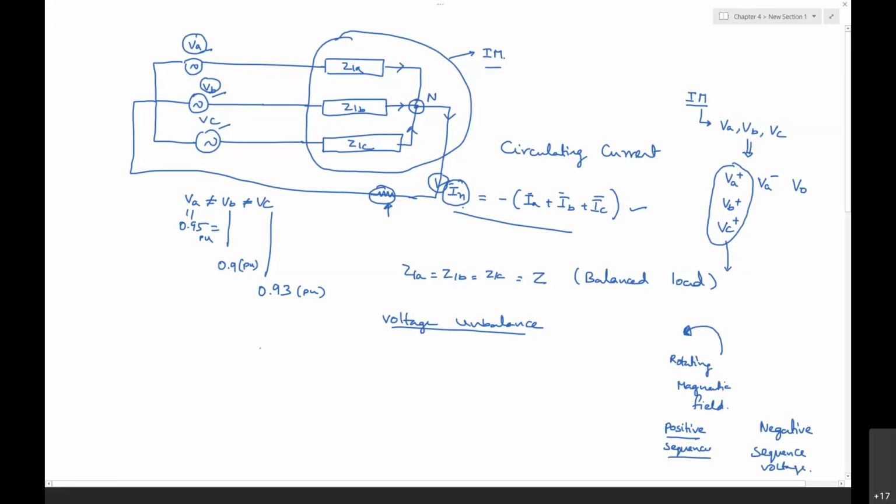How do VA, VB and VC look? The positive sequence is VA positive, VB positive and VC positive, whereas the negative sequence voltages are VA negative, then VC negative, then VB negative. These are the negative sequence voltages.